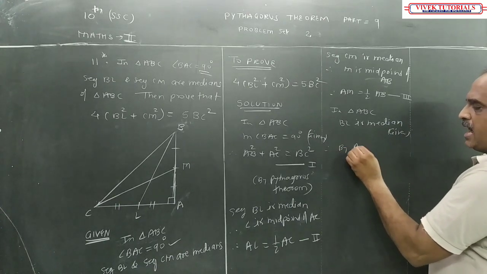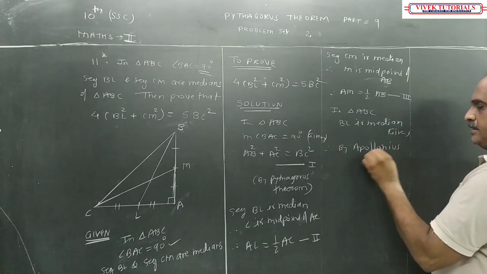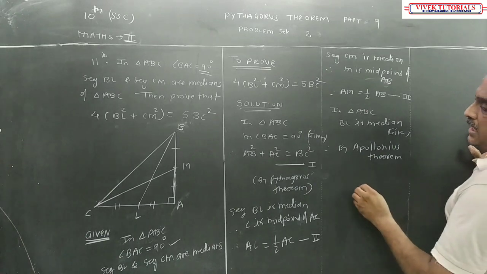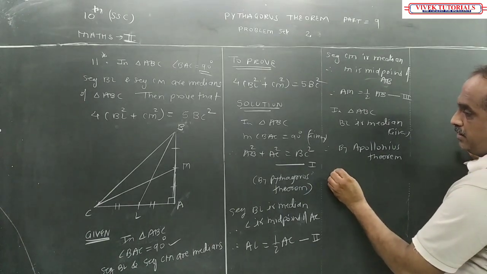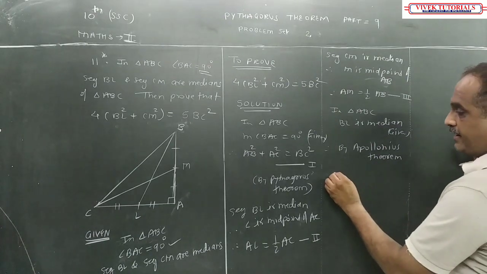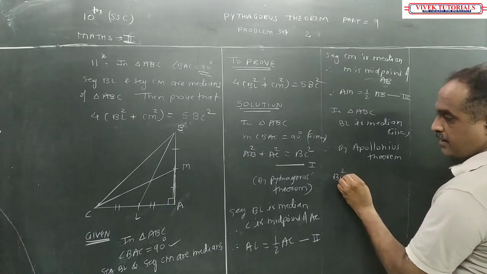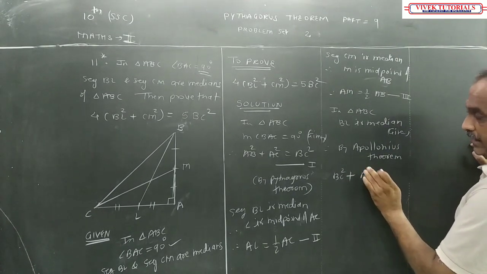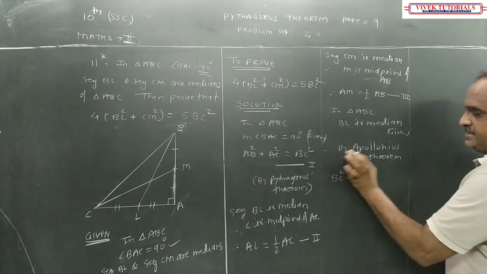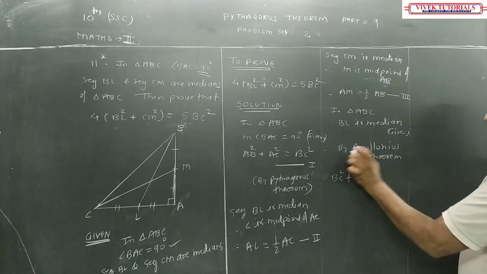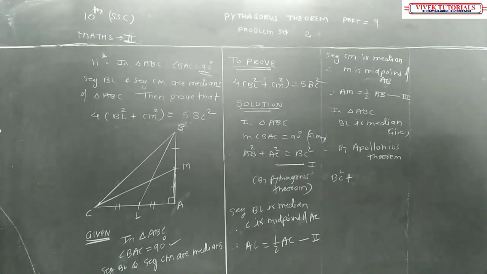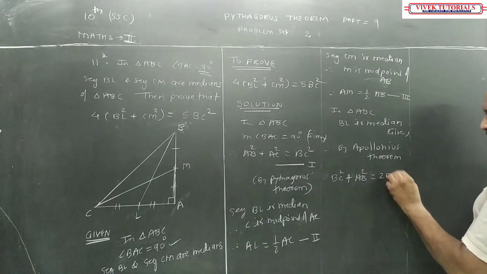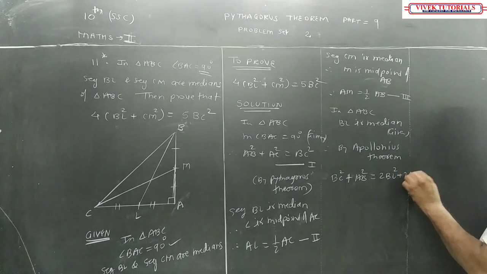Therefore, by Apollonius theorem, what I can write is BC square plus AB square is equal to 2BL square plus 2AL square.